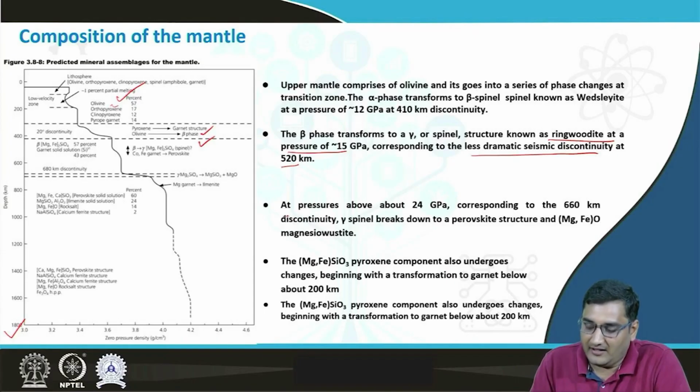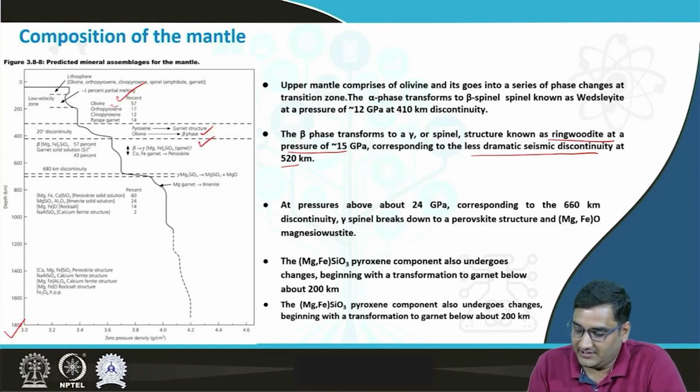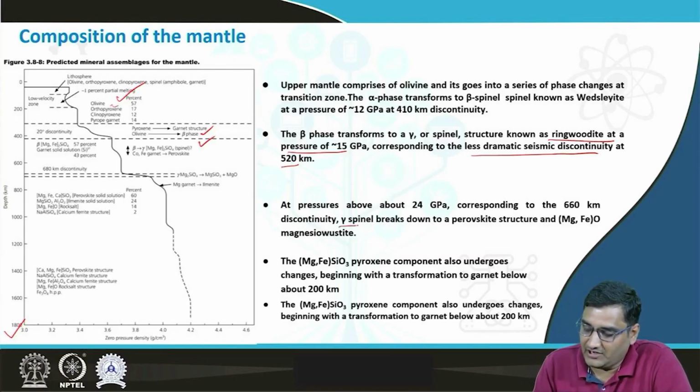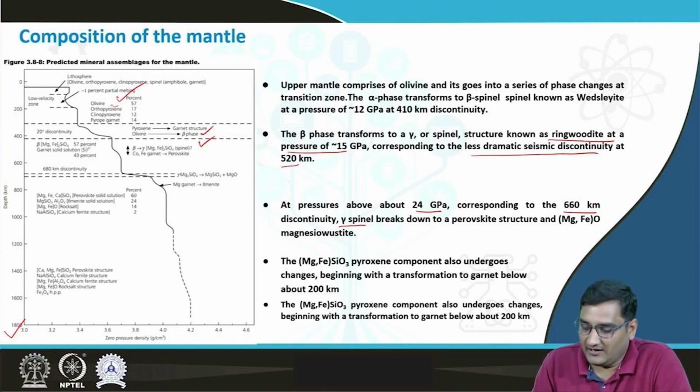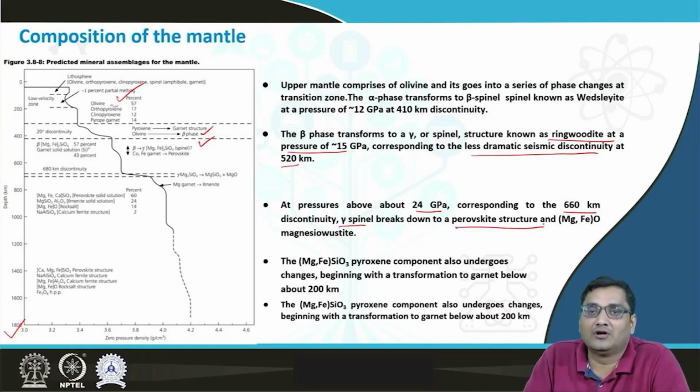And at a pressure of about 24 gigapascal, corresponding to the 660 kilometer discontinuity, the gamma spinel turns to perovskite structure and also changes to magnesiowüstite structure.